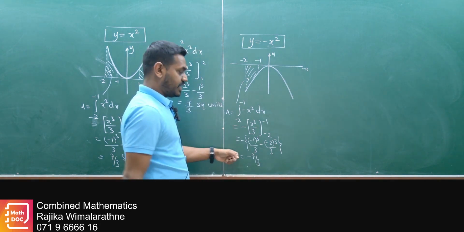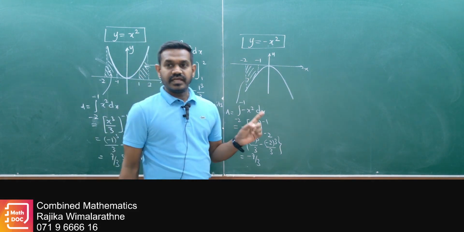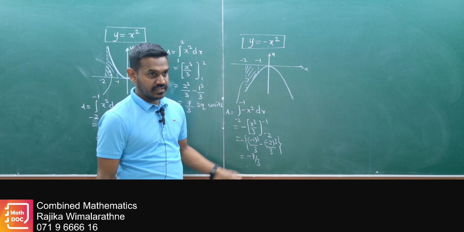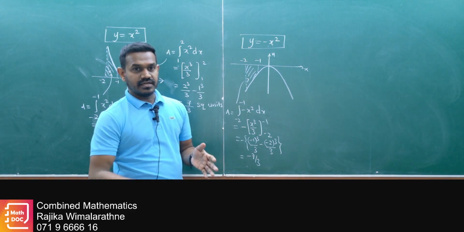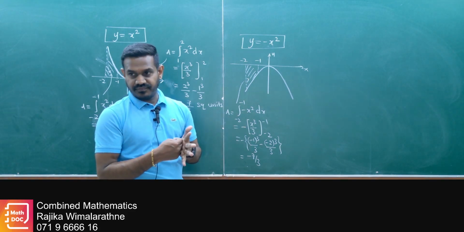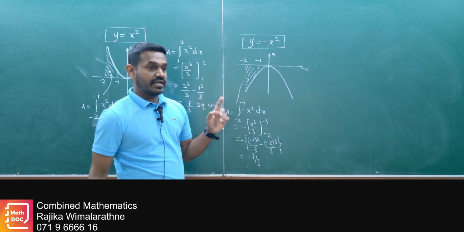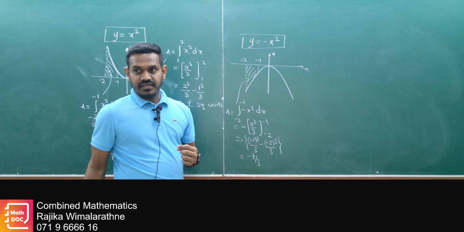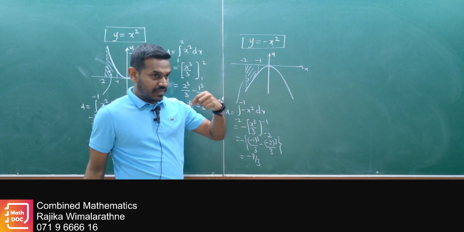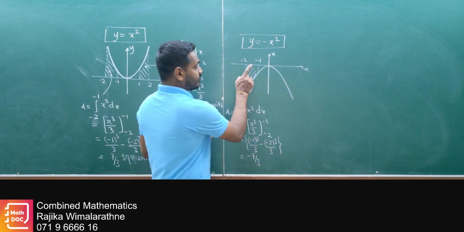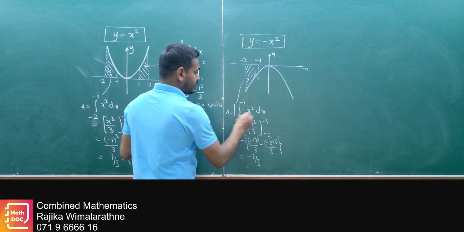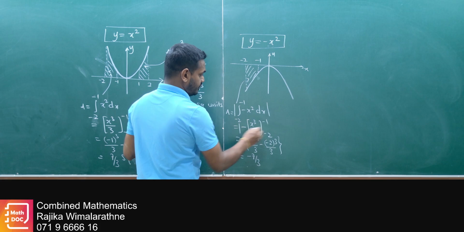Here we have a doubt. Usually area is always positive, but we get a negative value here. Therefore the definite integral does not exactly represent area, but if we need to find area, we can apply the definite integral. If the function is in the third or fourth quadrant, then you need to put the modulus.